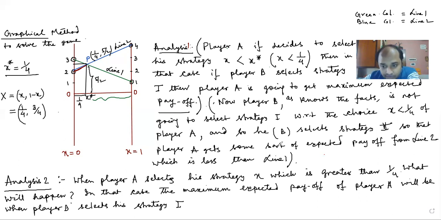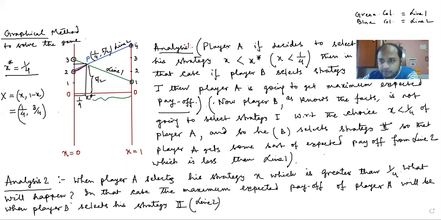So this analysis is being done by player A on his part as well as by player B. Player A is saying that if I select my strategy greater than 1 by 4, what will happen then? In that case, if player B sticks to strategy 2, no, not strategy 1, strategy 2, because this is part of line 2, then player A is going to get the maximum expected payoff from this portion of the line.